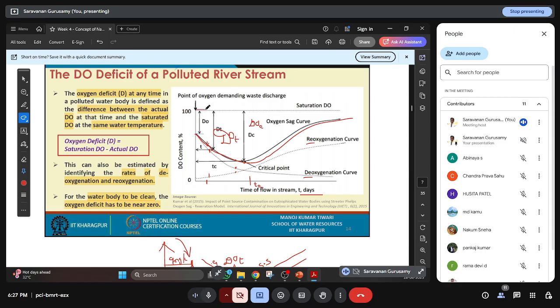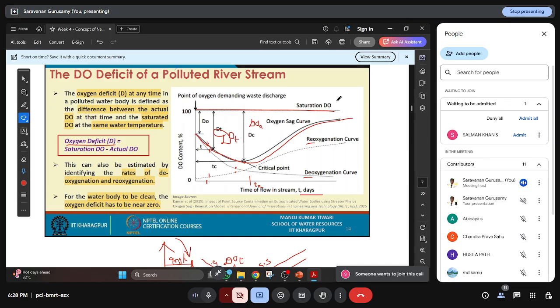Total oxygen, that is the saturated oxygen, minus the actual DO gives you the oxygen deficit. Why do we need to find the oxygen deficit? Only then can we supply that much oxygen to the water. If it is a river, it will take it on its own. But in a reactor in a wastewater treatment plant, we have to supply that much oxygen deficit.